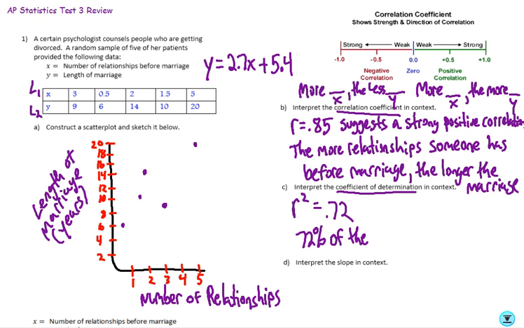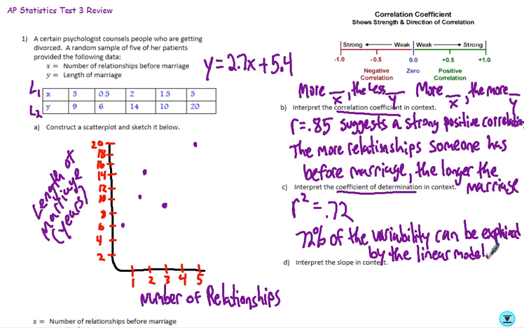So 72% of the variability can be explained by our model. And by our model, not Tyra Banks kind of model, but this right here, a mathematical model. We made some observations and then we want to be able to make predictions, right? Part D says interpret the slope in context.